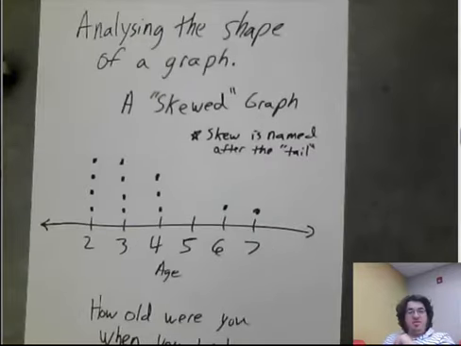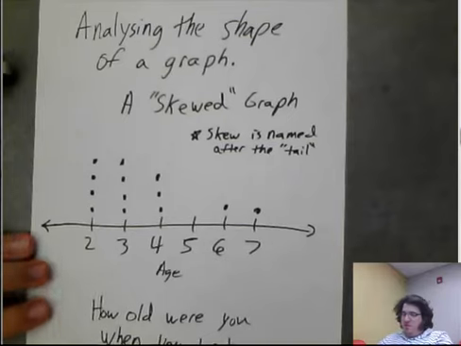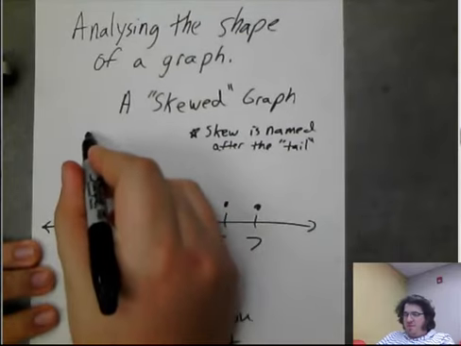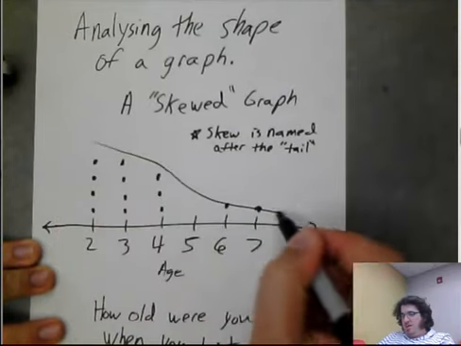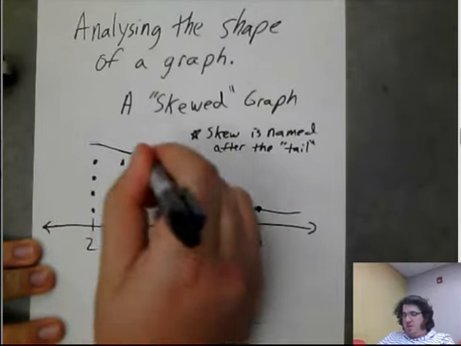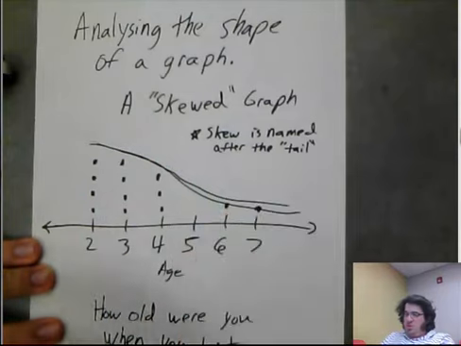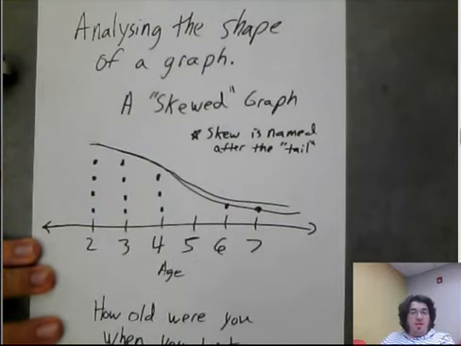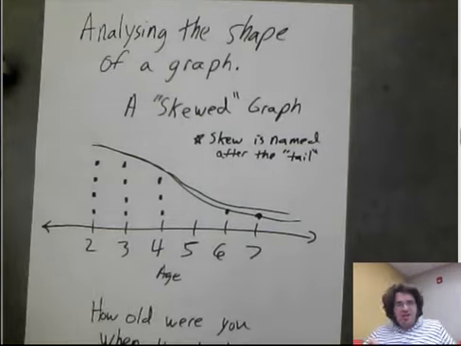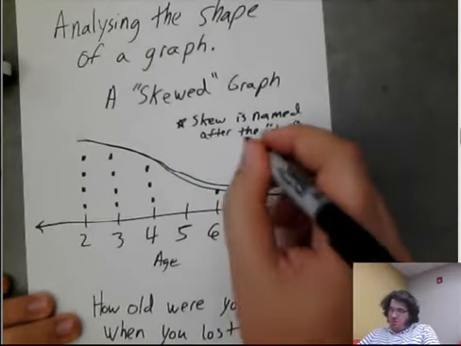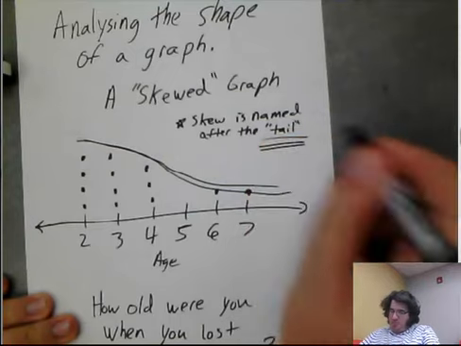Next, we have a skewed graph. So skewed says we have some data way up here and then some way down there, and it's all skewed to one end. Now, if it asks you which side is skewed, it's skewed after the tail.